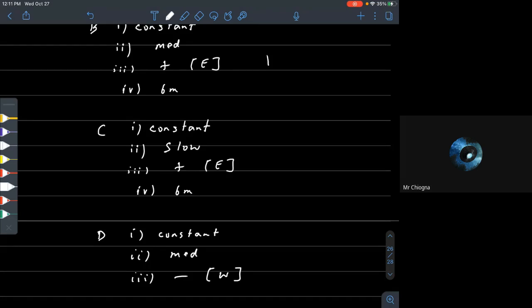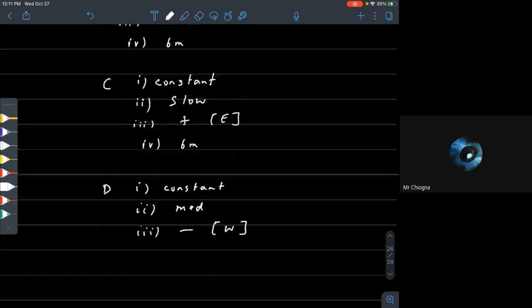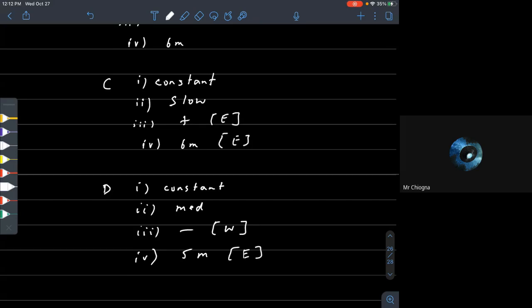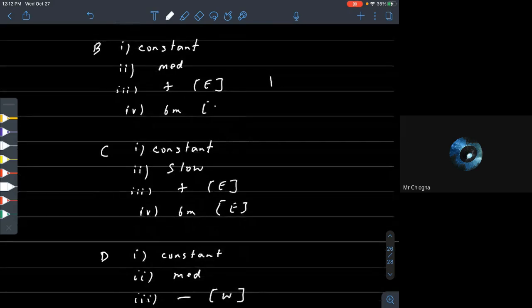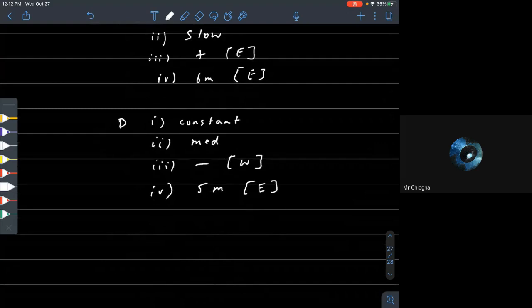Put both, just so it's clear to me you understand. And then fourth, the starting position is 5 meters. We've got to be particular. East. These would all be east. East of the origin, or plus if you want, as opposed to minus.